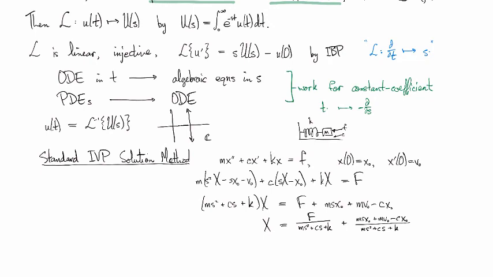And then we invert the Laplace transform. So x here is going to be, let's see, by linearity, I can split this into two pieces. So I'll have L inverse of this guy plus L inverse of this guy.